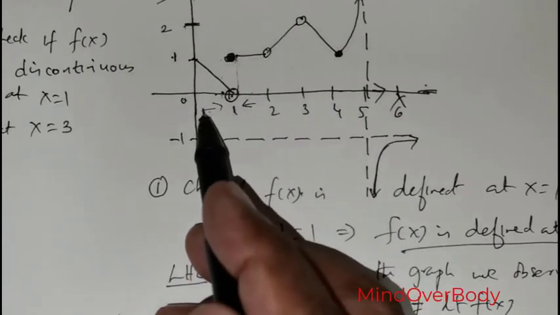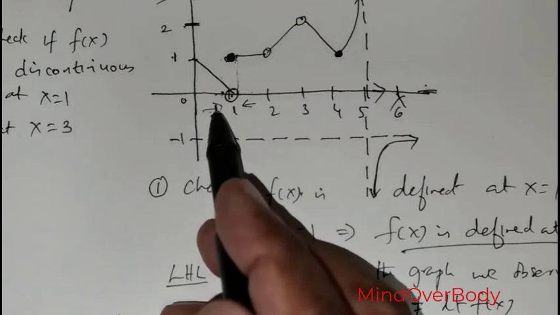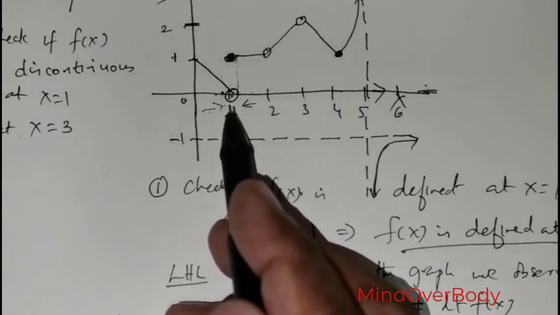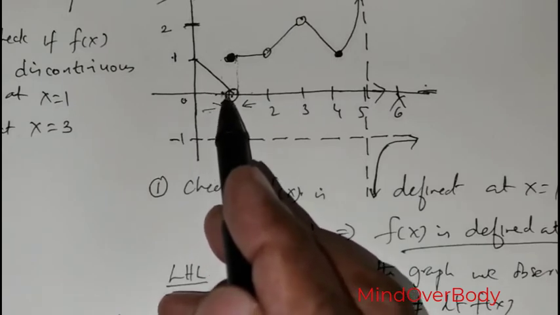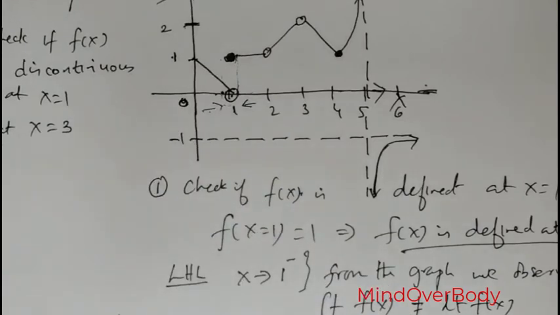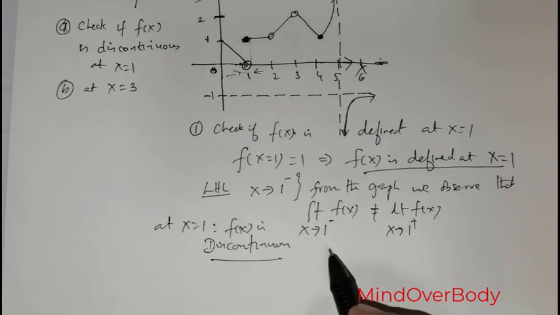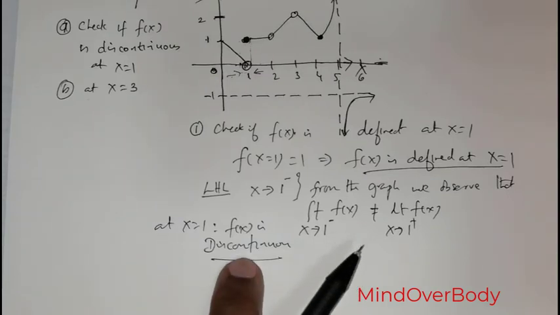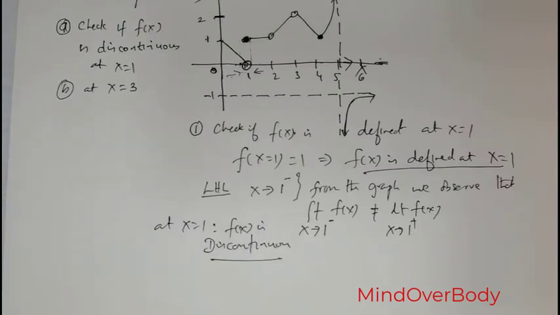And as x is approaching 1 from the left hand side, as it gets closer and closer to 1, the value is going to be 0. So clearly the left hand limit and the right hand limit do not agree. So hence f of x is discontinuous at x is equal to 1.